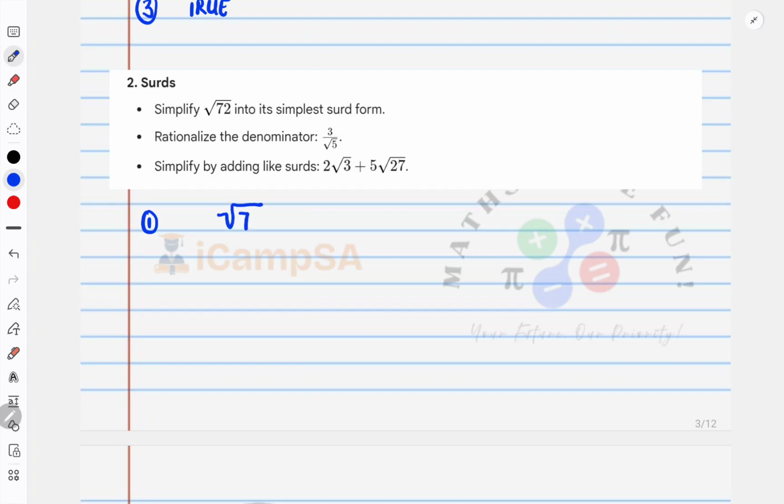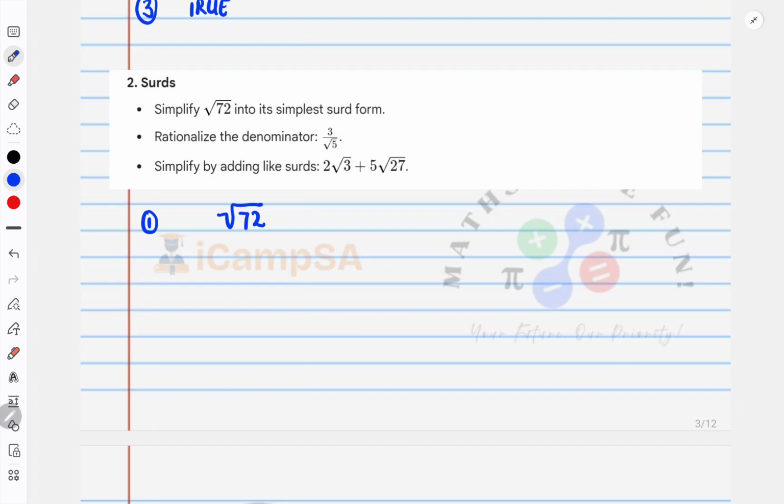that are perfect squares. And one way to find that, we can say 72 divided by maybe 4, of which we know that 4 is a perfect square, gives us 18.